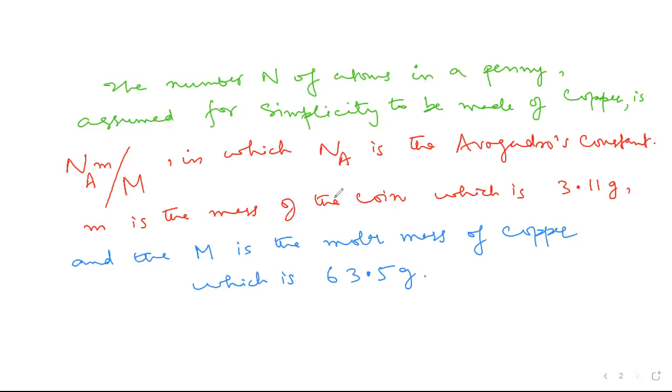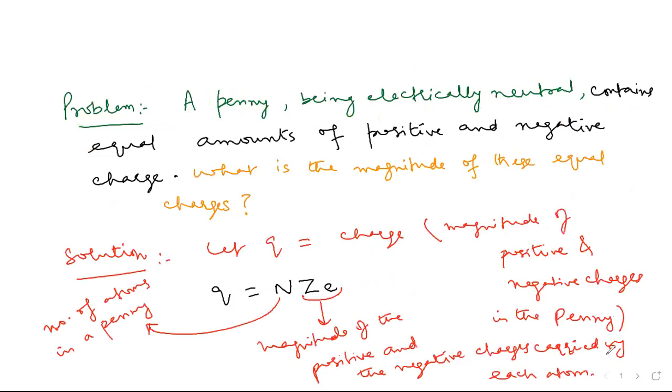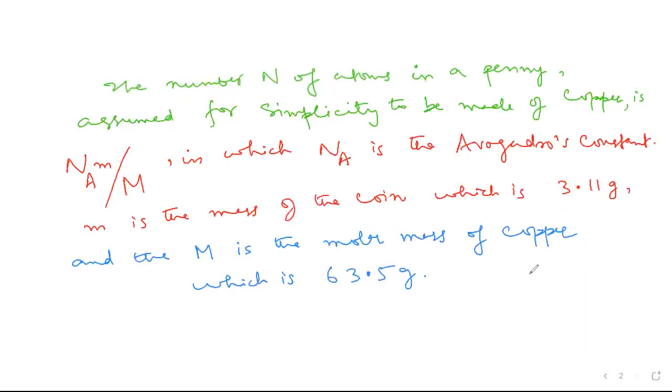I'm saying if we assume for simplicity that the penny is made up of copper atoms, the number of atoms in a penny can be written as Na times small m over capital M, where Na is Avogadro's constant, that is the number of entities in a mole, here atoms in a mole.